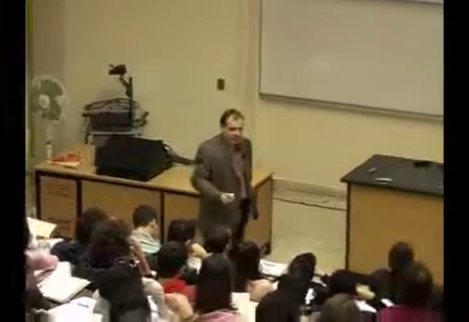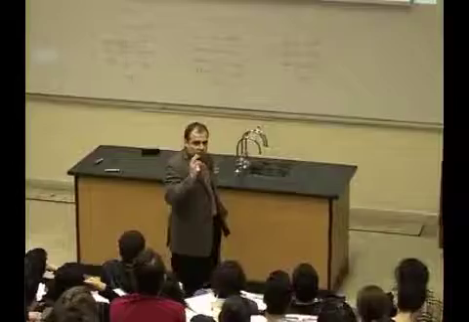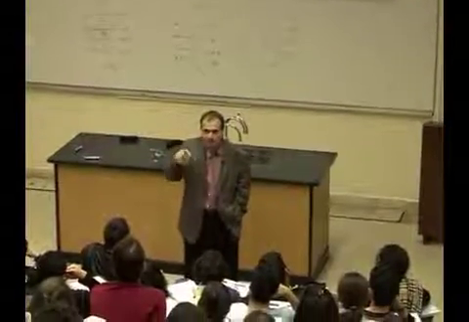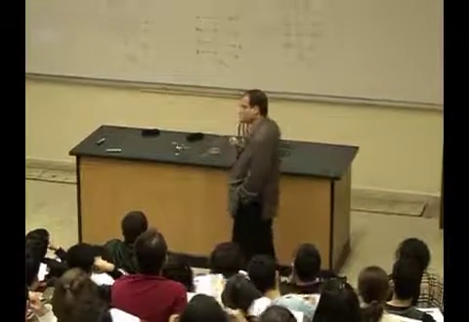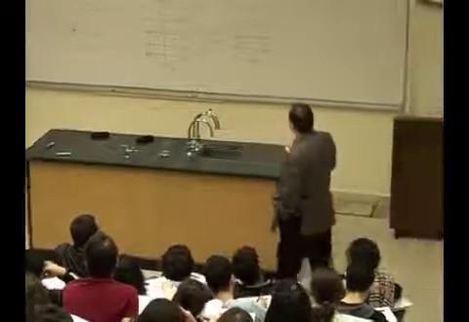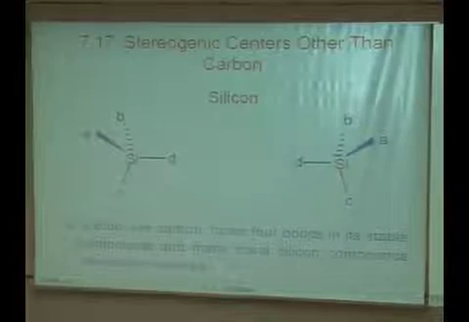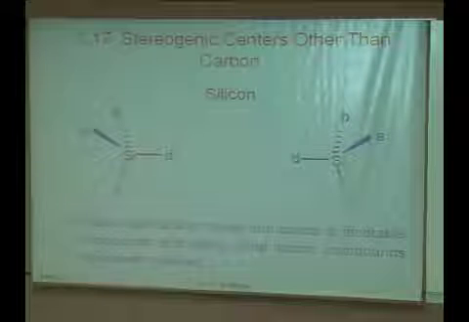The last section of this chapter. We have talked about stereochemistry, we talked about carbon. Does that mean it's only carbon that can exist as a chiral center? And the answer is no. For instance, silicon is also in group 4. If you have 4 different groups around silicon, then you will be able to isolate a chiral compound.